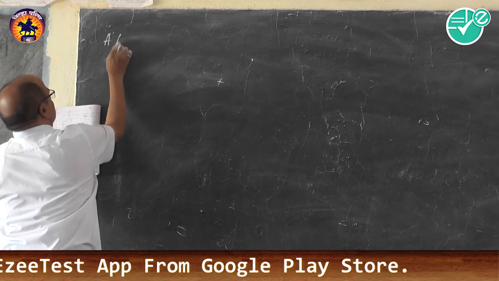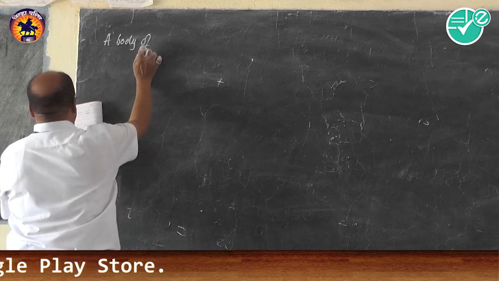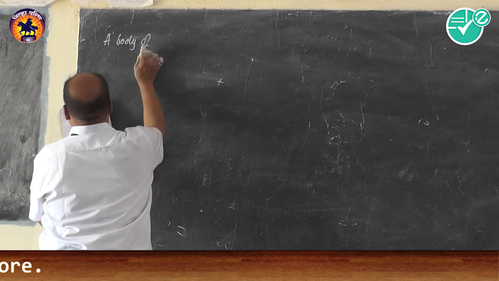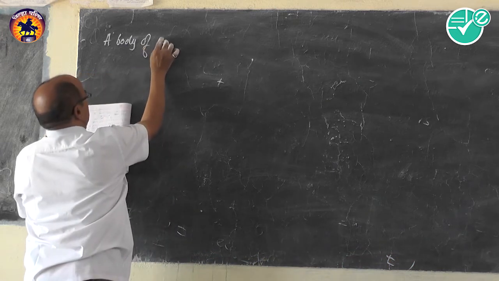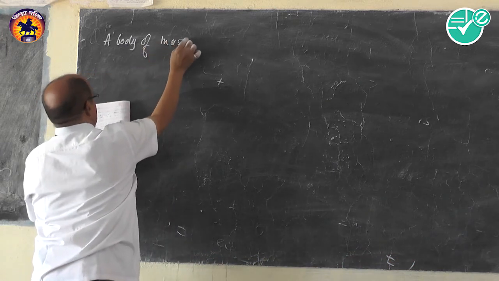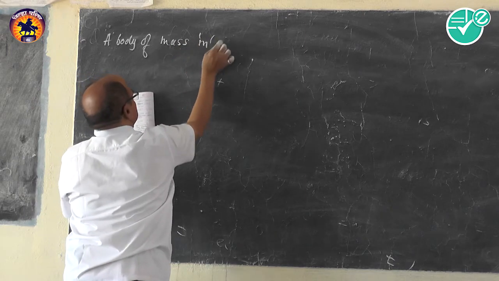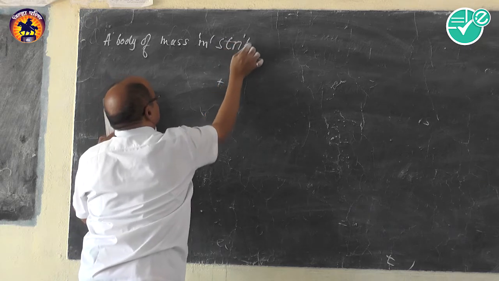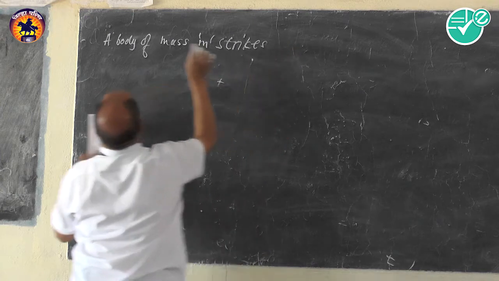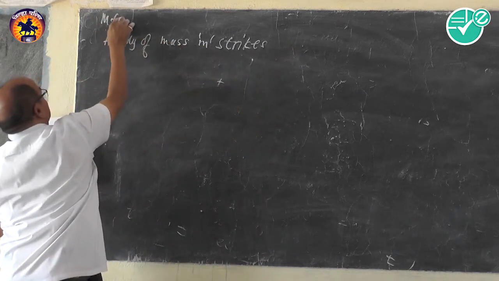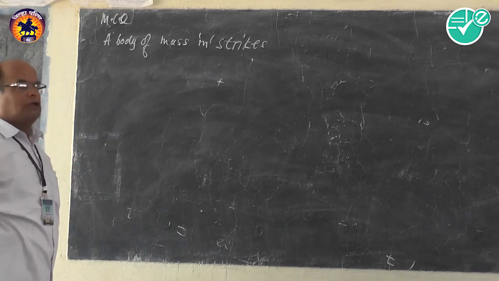A body of mass M strikes a wall. This is an MCQ related to Newton's second law of motion.